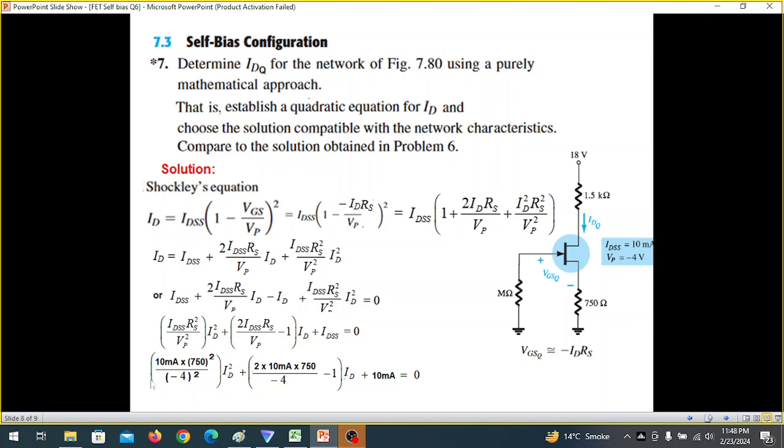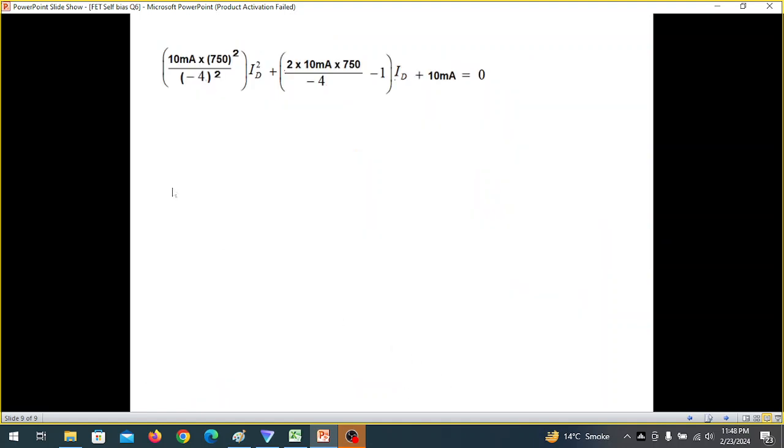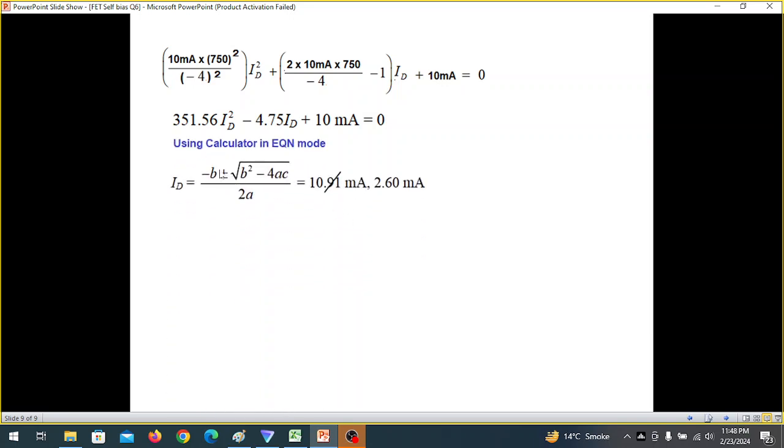So putting all these values and solving, we get this relation here. And now you can solve this by the quadratic formula and you will get this answer.